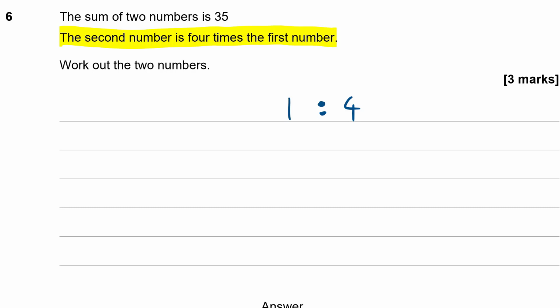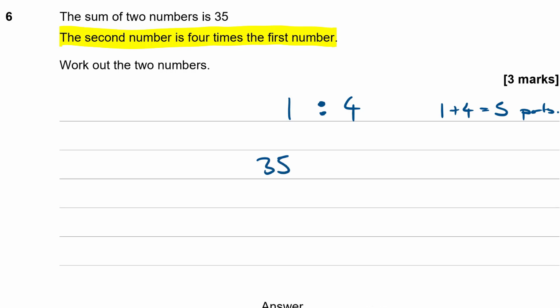So if I divide 35 by the ratio of 1 to 4, I should be able to find out what the two numbers are worth. When you divide by a ratio, you add the two parts of the ratio together, don't you? So 1 plus 4 is 5, meaning there are 5 parts. And then we're going to divide our total, 35, by our 5 parts.